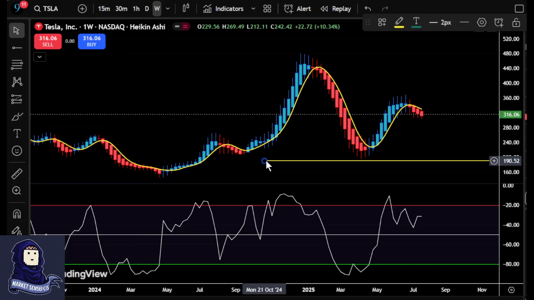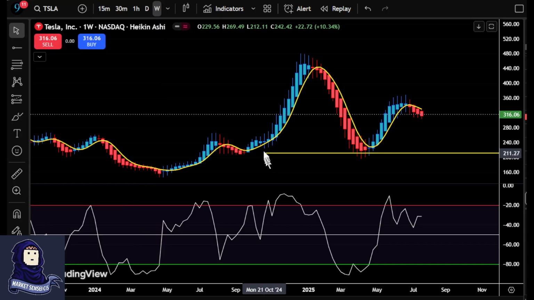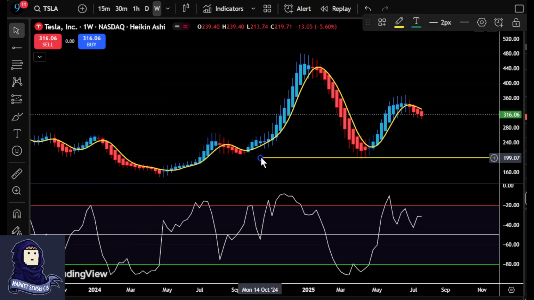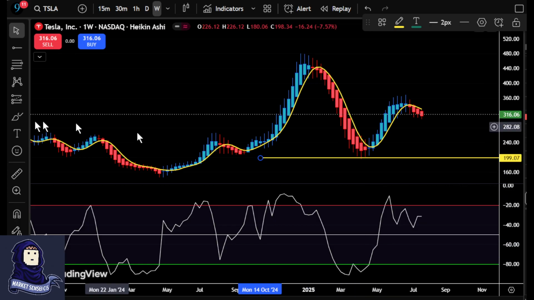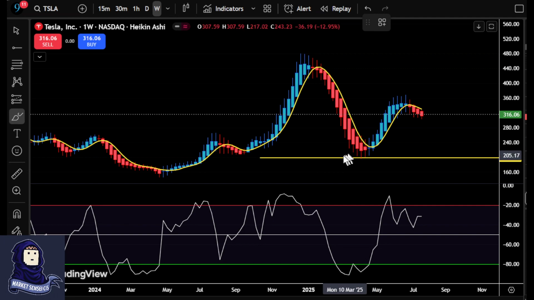This indicator is useful. As you can see from here to here, this is the bottom. So what makes it able to capture these moves downwards? We won't see any divergence on the smooth Heiken Ashi chart because unfortunately, you can only see either the momentum or the divergence.